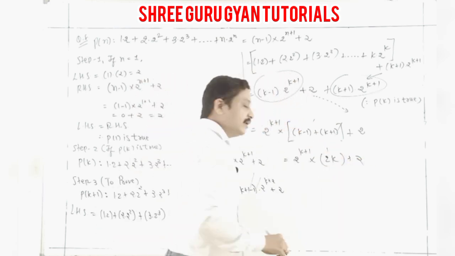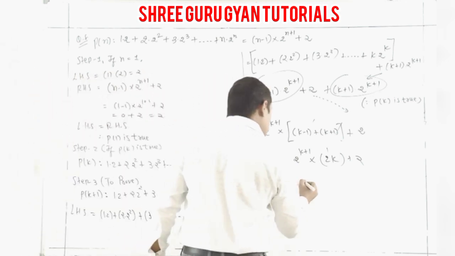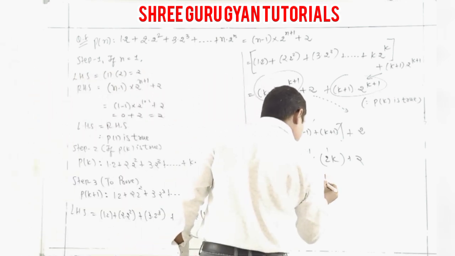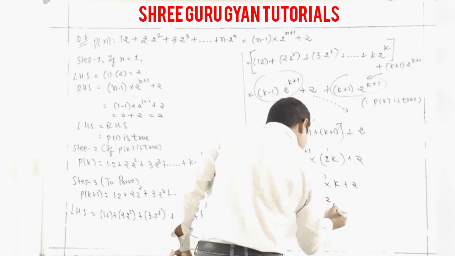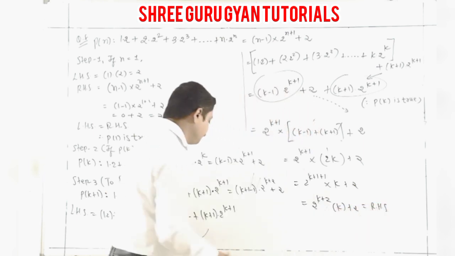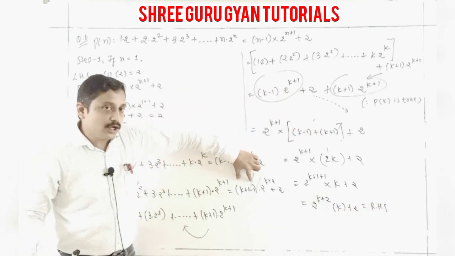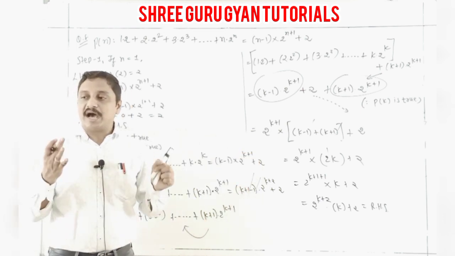And again base same, power addition. So 2 raised to k plus 1 plus 1 into k. You get 2 raised to k plus 2 k and plus 2. Check. That's your RHS. Here k 2 raised to k plus 2 plus 2. Yes, it is your RHS.